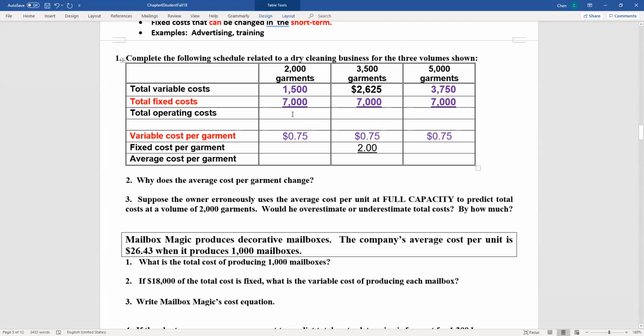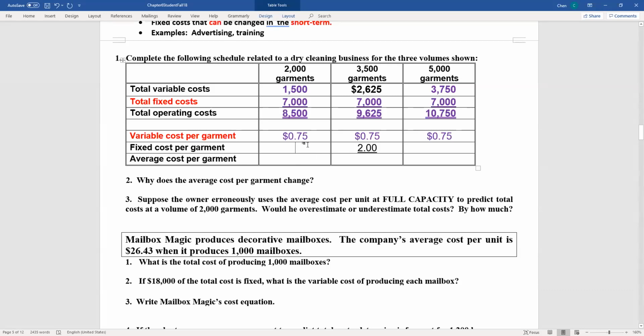Then we can calculate total operating costs by adding these two together. So this is 8,500, this is 9,625, and this is 10,750.